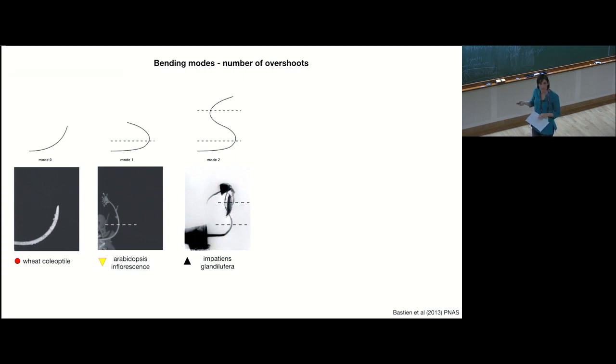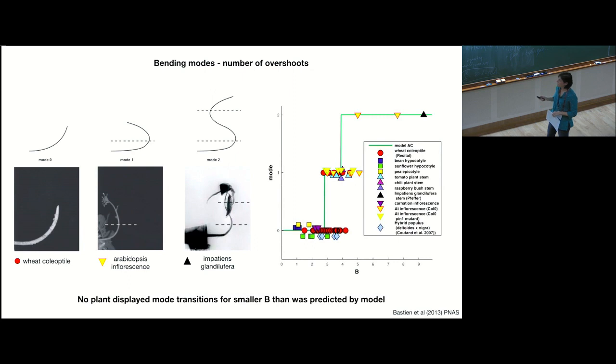So now for each experiment that they do on whatever plant, they can go and check throughout the video, the time-lapse, which of the snapshots has the most overshoots, and that will determine the mode of that specific plant. And what they did is, these are 11 or 12 different plants. You can see that they're extremely varied.